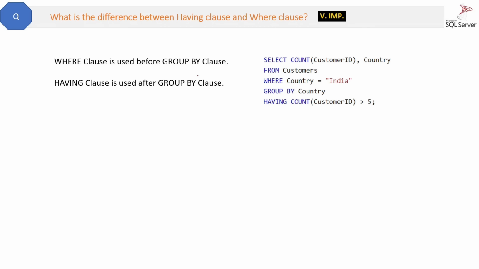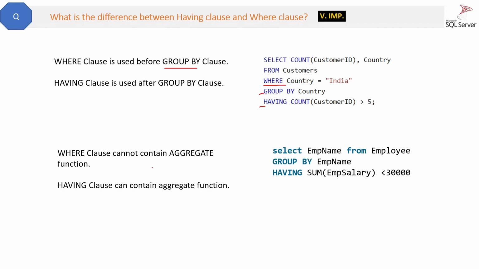Where clause is used before group by clause. If you can see the query here, where condition or clause is used before group by, and having clause is used after group by. So that is one difference. Next is, where clause cannot contain aggregate functions.